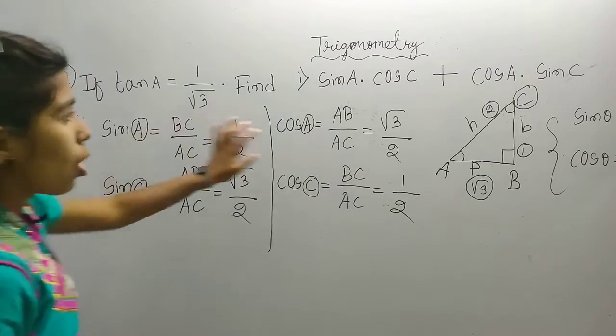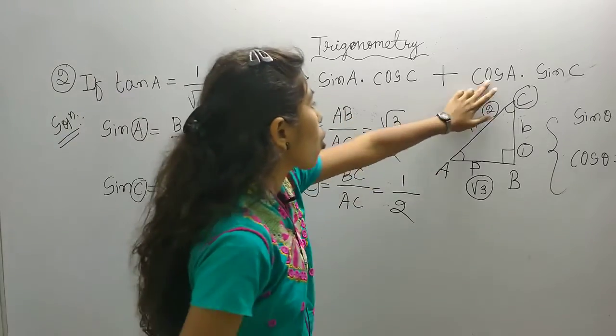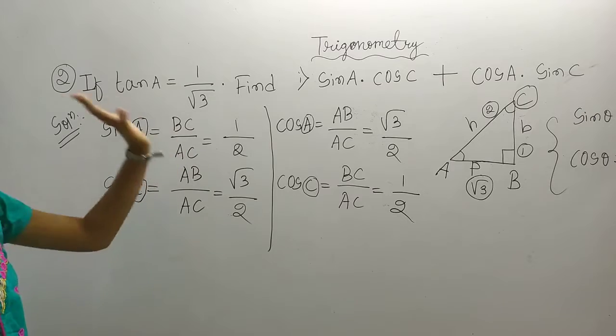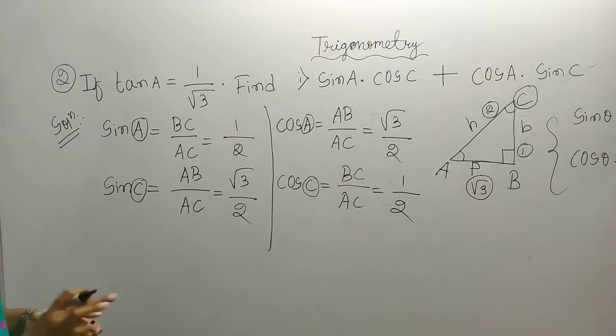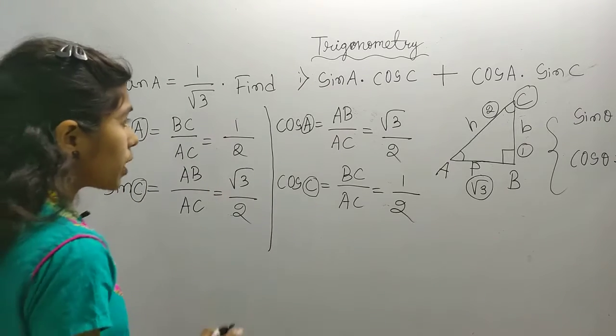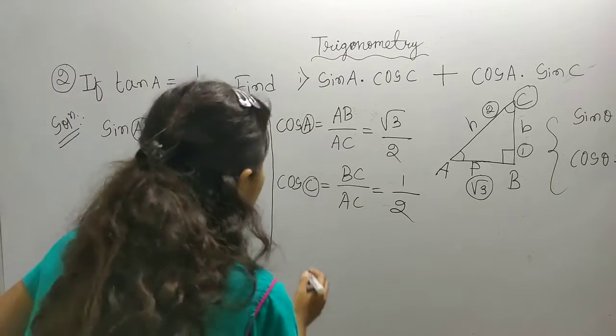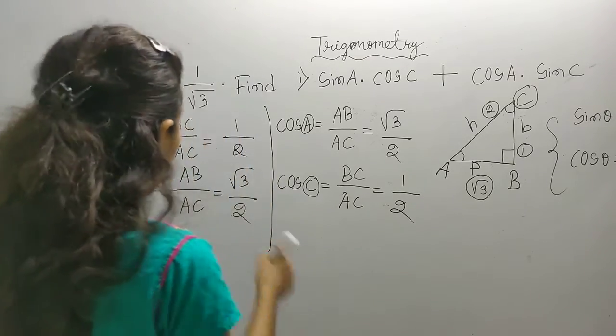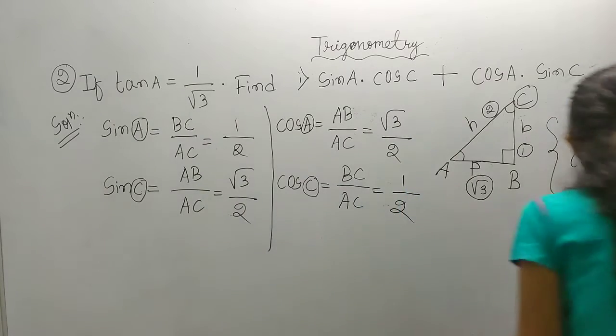So we have found out all the values: sin A, cos C, cos A and sin C. So we can simply go to the question now. So what is the question given? We will write it on the side.